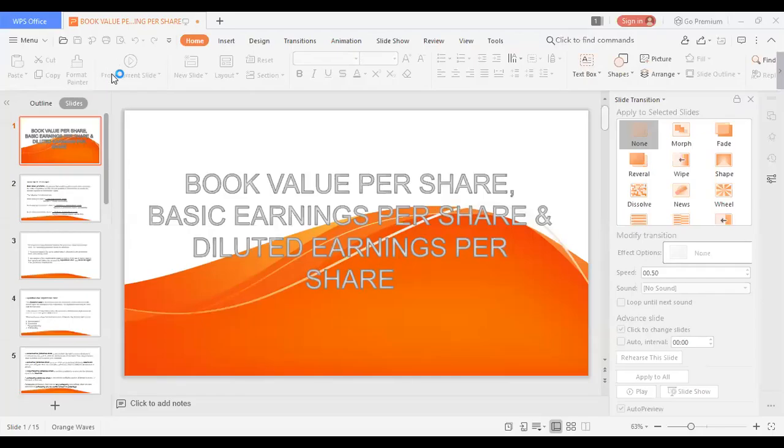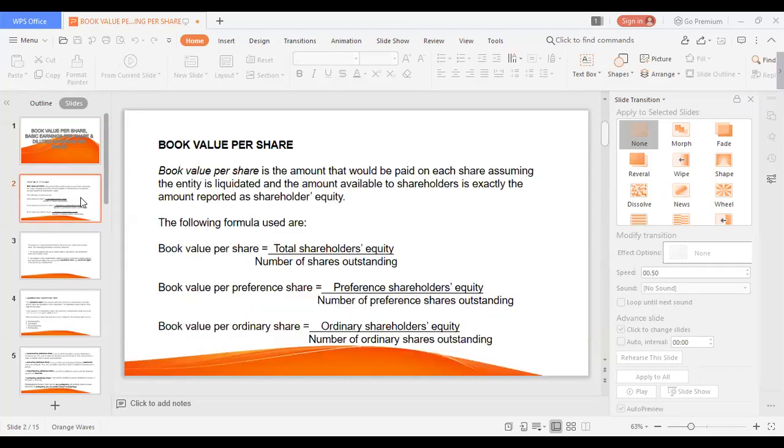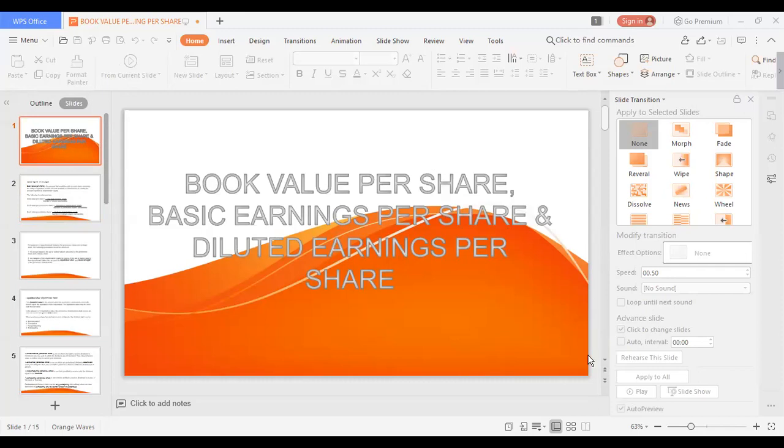presentation. So we have now the objectives in the study of these different topics and chapters: to define book value per share, to determine or identify the formula in the computation of book value per share, to understand the non-cumulative, cumulative, non-participating, and participating features of a preference share, and to distinguish preference as to assets and preference as to dividends.